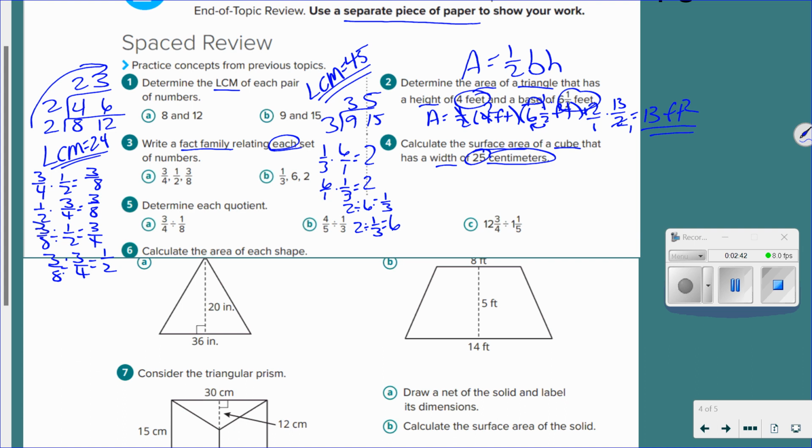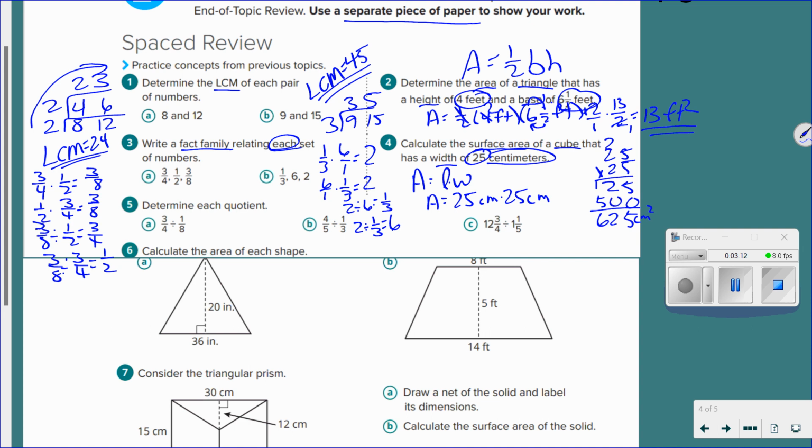Calculate surface area of a cube that has a width of 25 centimeters. We know from a cube that I'm looking at surface area, so I'm looking at the area for one side of it. So that's going to be length times width, which is 25 times 25. So I'm going to need to multiply that out. 25 times 25 gives me 625 for one side.